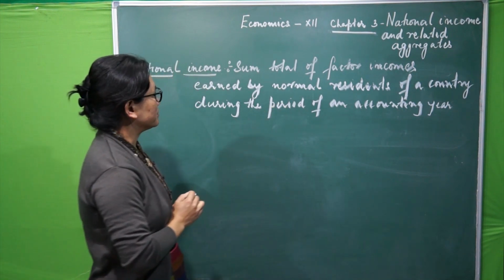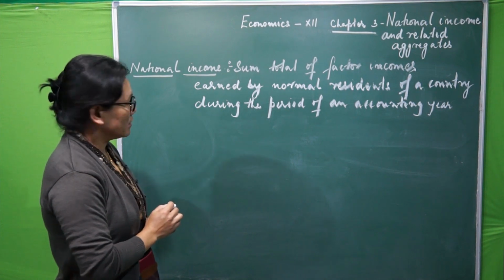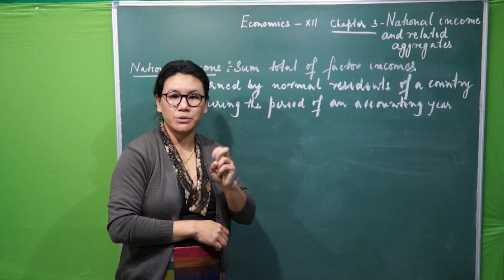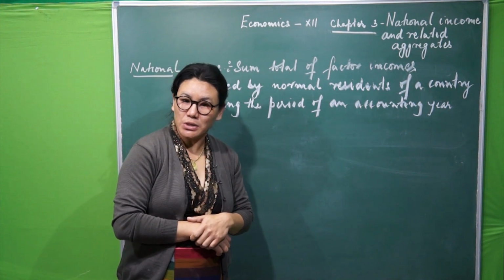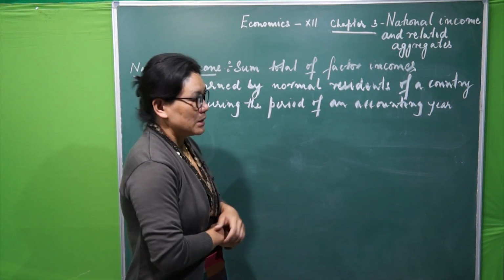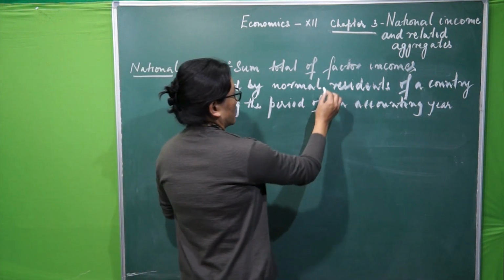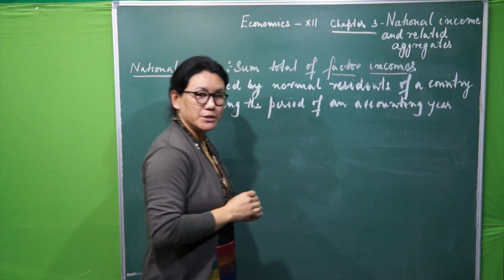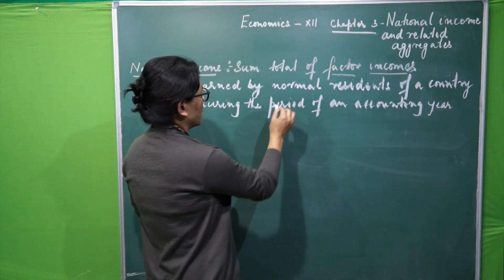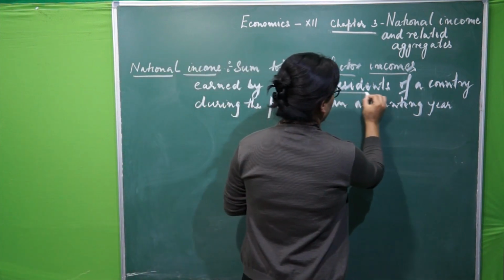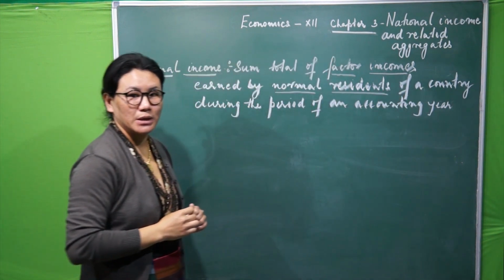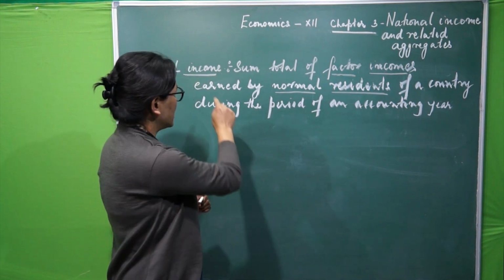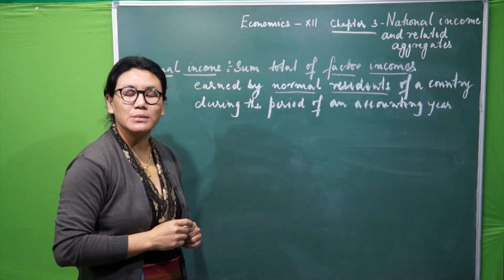Now see here, from this meaning, we have to make two important notes. The first one will be factor incomes, and the second one will be normal resident of a country. These two things are very important in this national income concept.